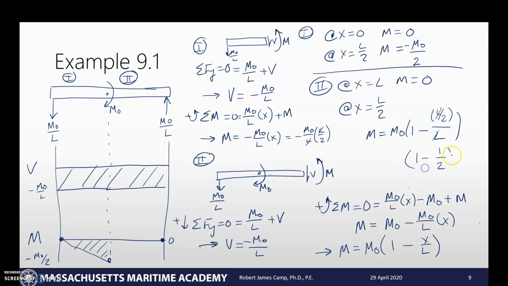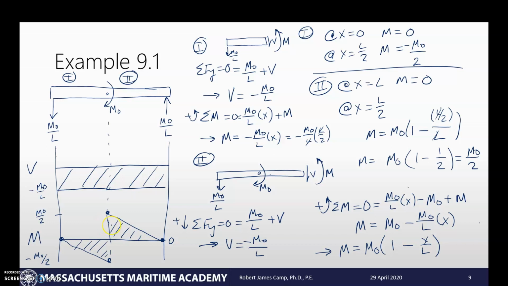So 1 minus 1 half is going to be a half. So what you're left with is positive m naught over 2. So m naught over 2, we know it's going to start here. It is going to be a negative equation again, so it's going to come down like that. And so there we've got the entirety of our moment diagram.